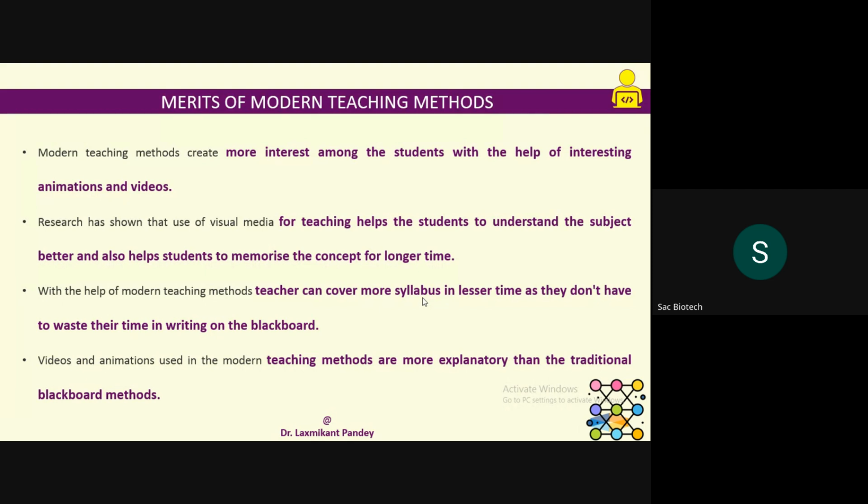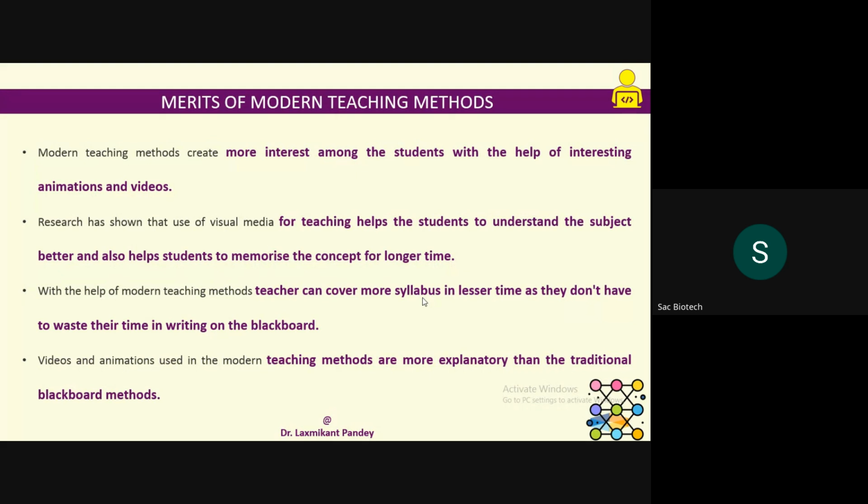But nowadays, as I said, today's Z generation is very tech savvy. They can type any topic on Google and get all the information related to it. So it is very important that the teacher should use certain available platforms to deliver the information, because the teacher is not the only source of information or knowledge.